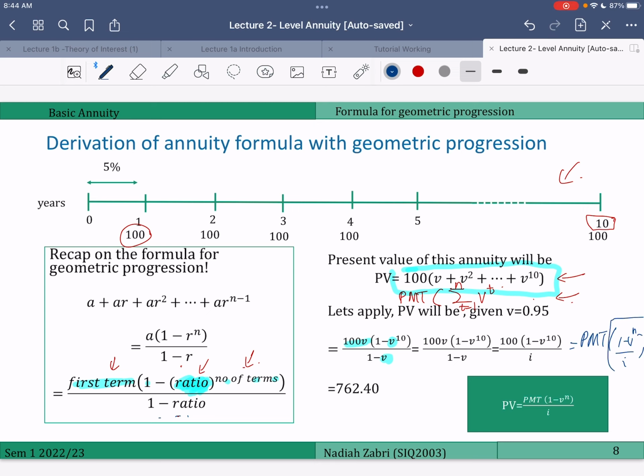If you recognize 1 minus v to the power of n over i, that is the formula for a angle n. So what we are writing here is also payment times a angle n. In other words, our payment now is 100, so it's 100 times a angle 10.